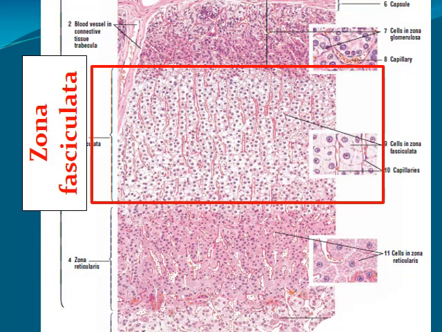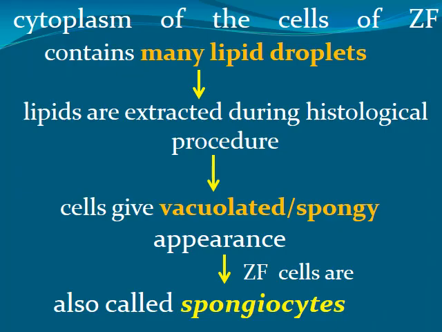In this picture you can see the red mark area, that is the zona fasciculata. The polyhedral cells are arranged in parallel columns or fascicles. Cytoplasm of the cells of zona fasciculata contains many lipid droplets.